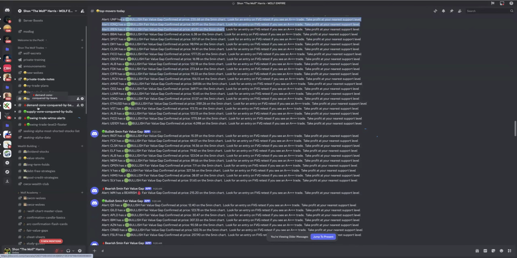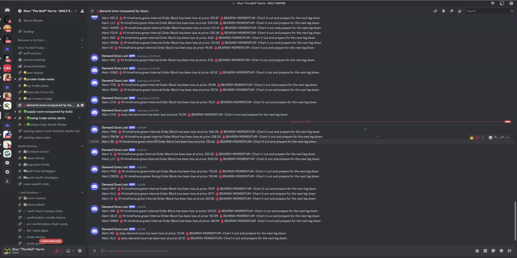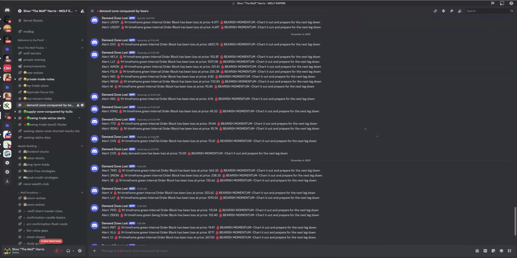This tab right here, demand zone conquered, is to show you which stocks are losing ground, where the bears are breaking through the order blocks. Like this comment right here reads with Lily. This was yesterday, at 9:30 a.m. These are 1 hour apart, so for a whole hour, these were the stocks to focus on.